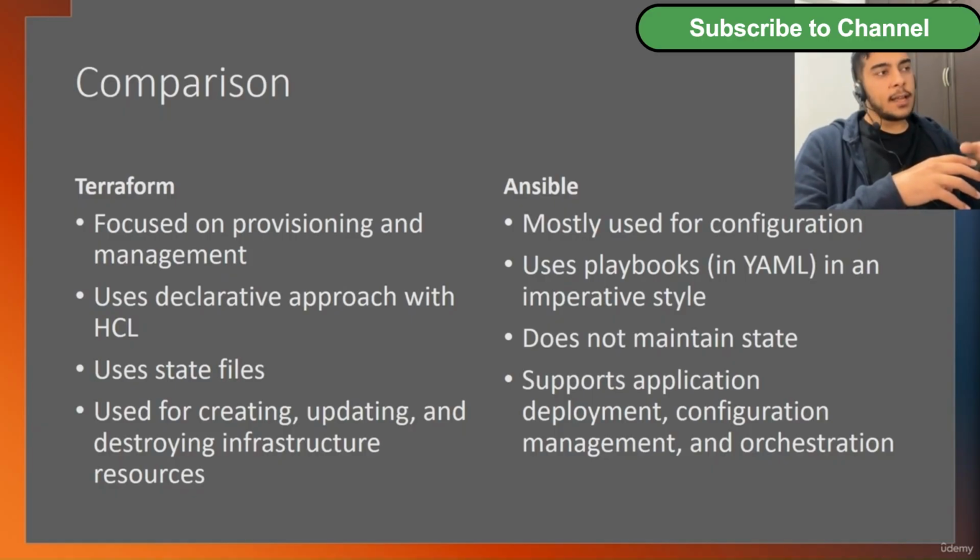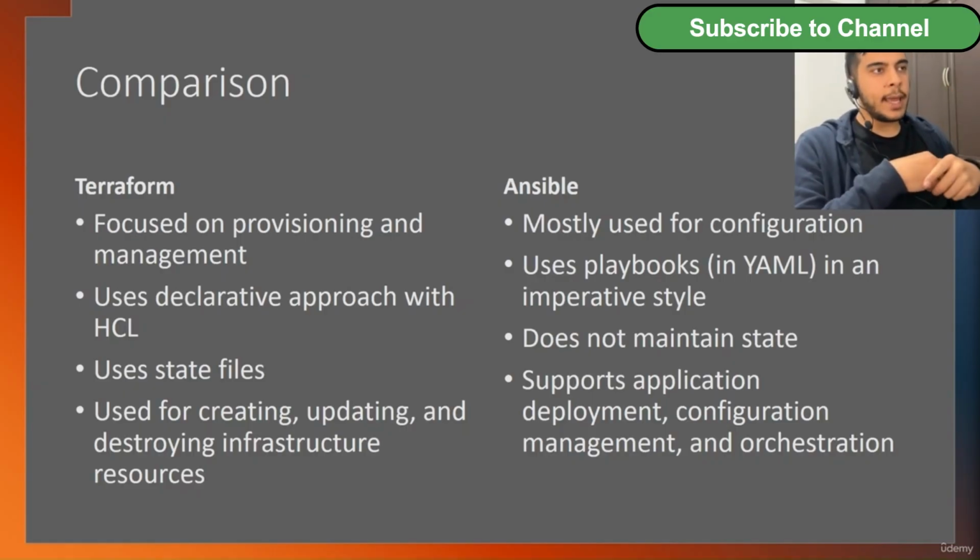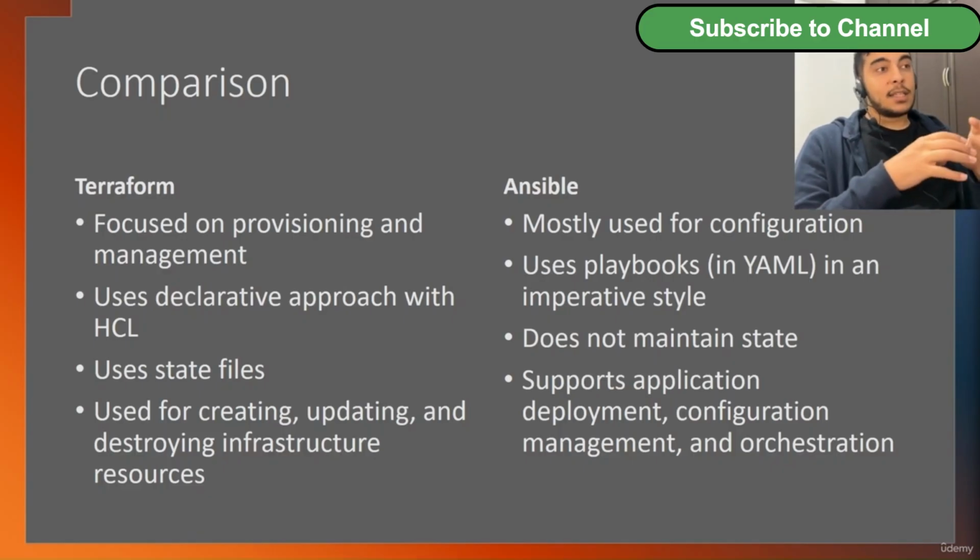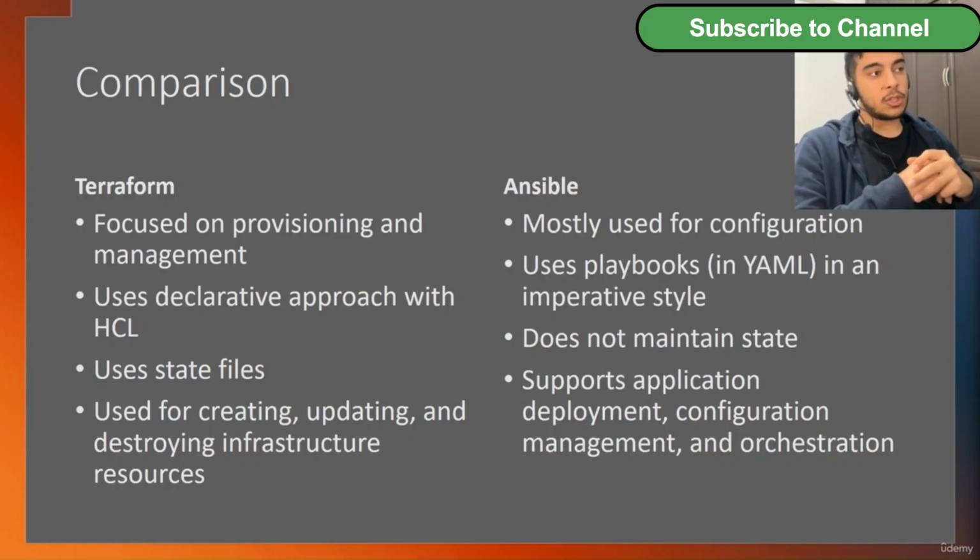Terraform uses state files, meaning it keeps track of our infrastructure and puts it in a state file, whether locally or remotely. But Ansible does not maintain the state of configurations. Terraform is used for creating, updating, and destroying infrastructure resources. Ansible supports application deployment, configuration management, and orchestration.